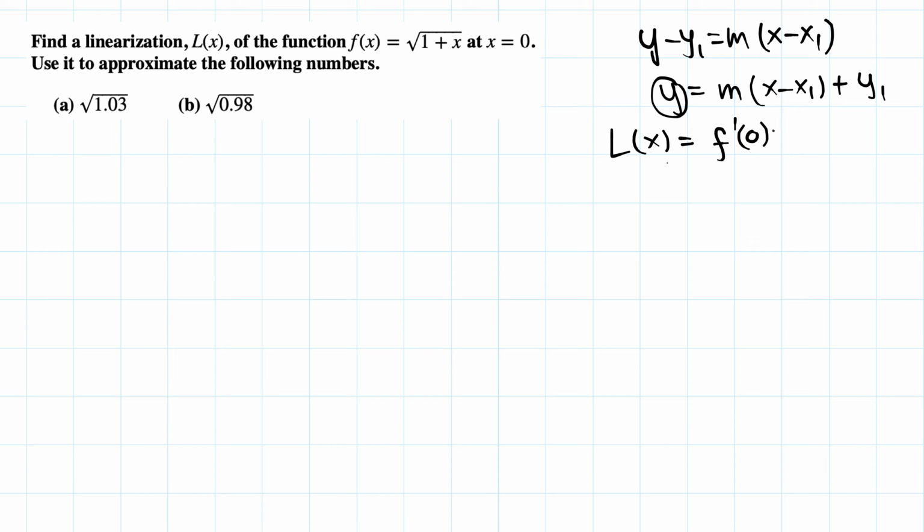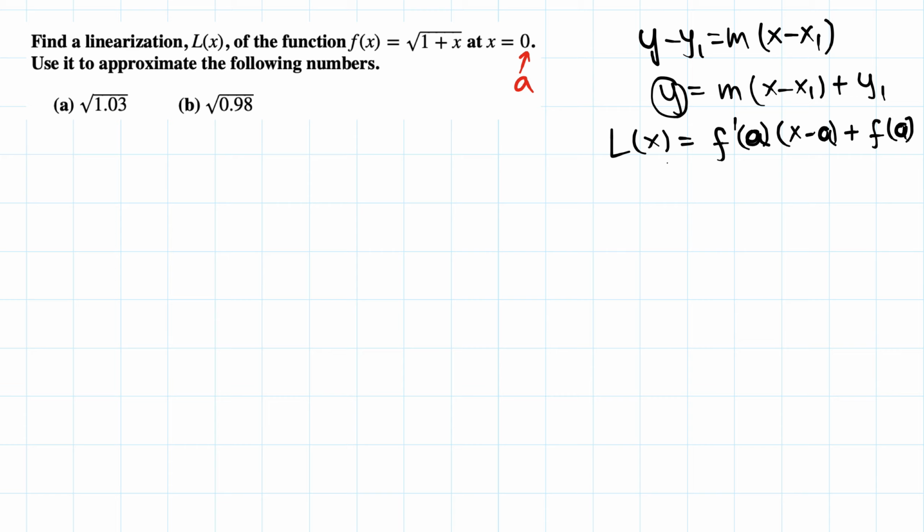Then x minus this a, which is 0, plus y1, the corresponding y value. So evaluate the function at a. This is the formula with a as a generic number. A happens to be 0 in our case.